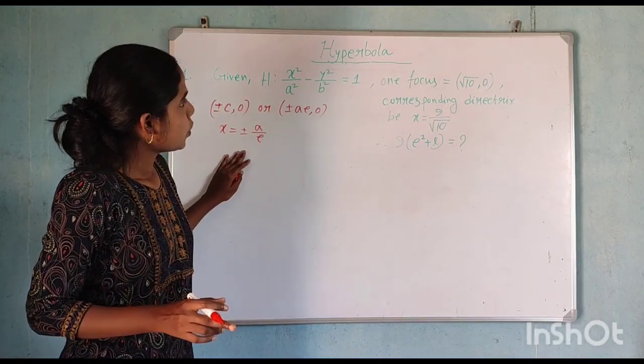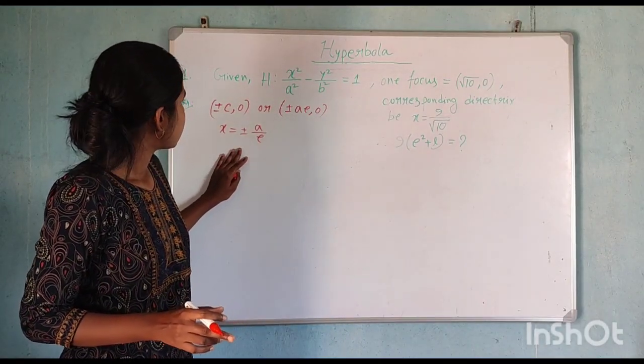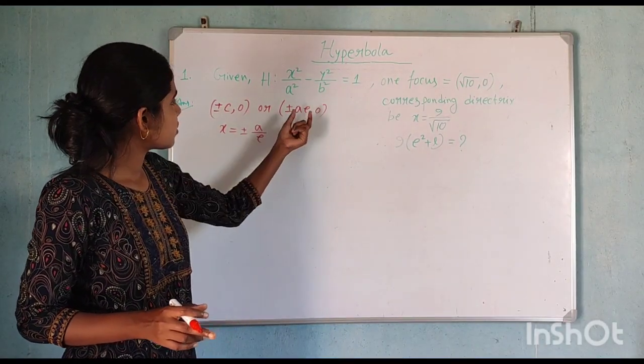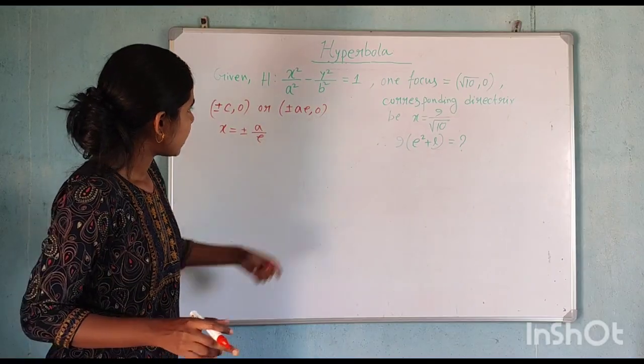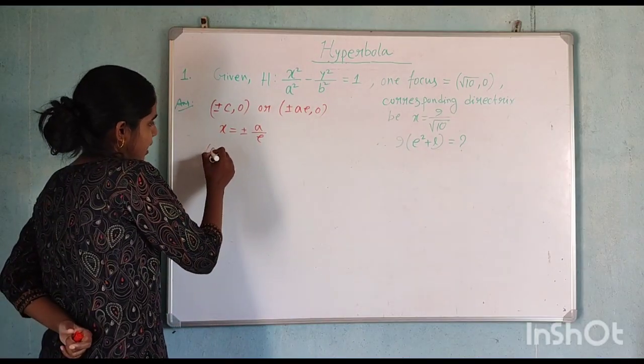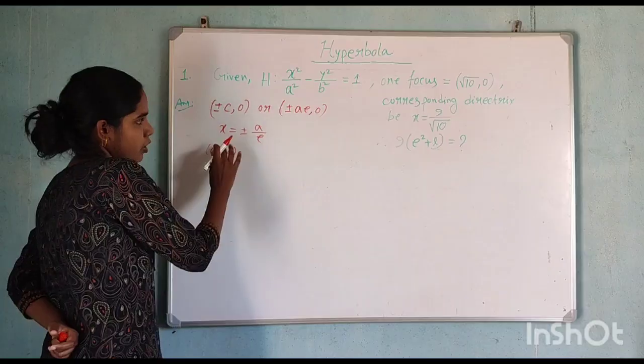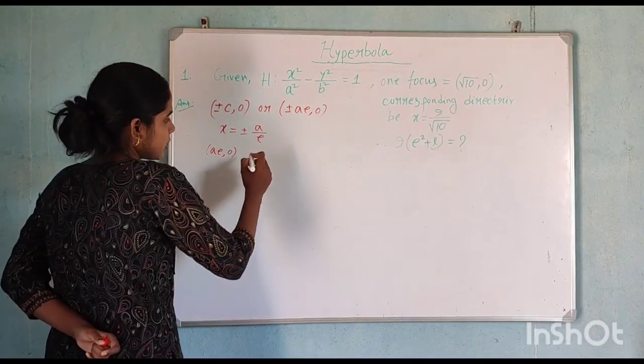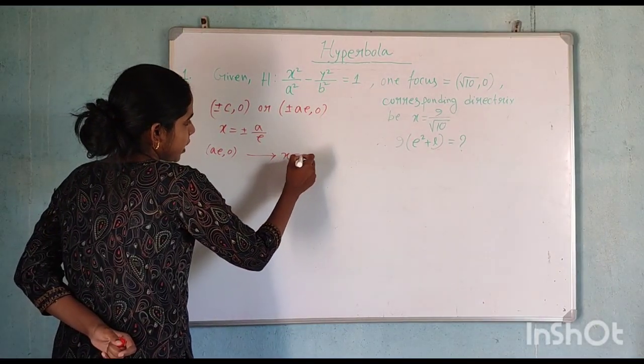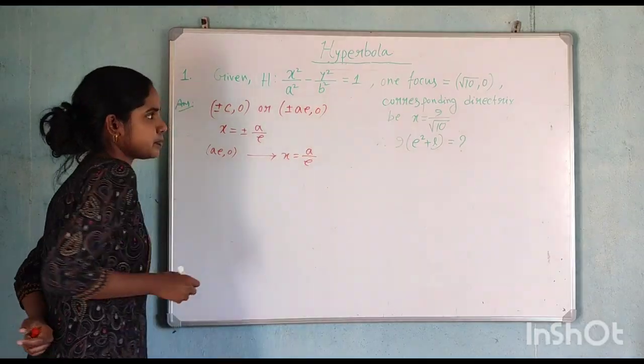Now here you can see that if I take our focus as a e comma 0, the corresponding directrix will be x equal to a by e, right?